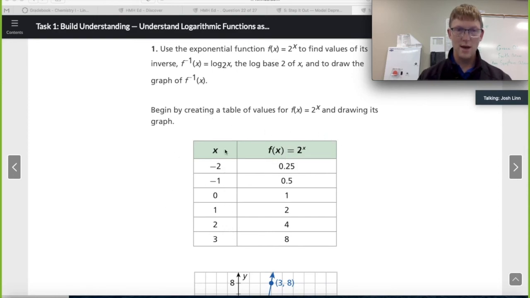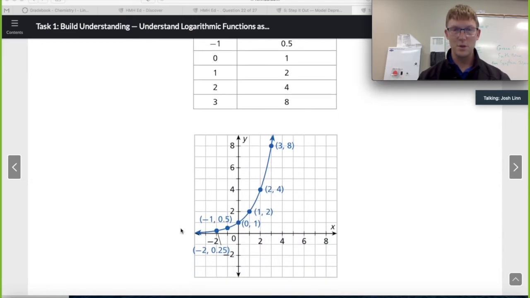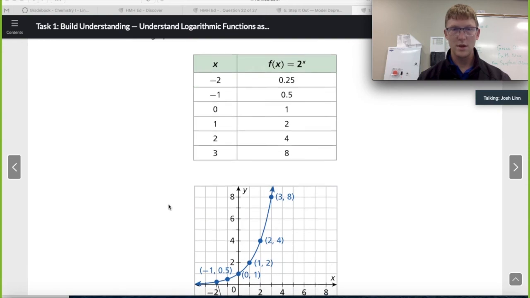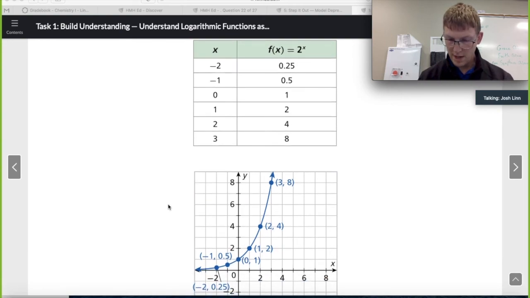So here we have a chart of just our normal f of x equals 2 to the x, and it should be a fairly familiar exponential growth curve that we've been talking about. If we looked at the inverse, my x's would be all these numbers, and my y's would be all these numbers.